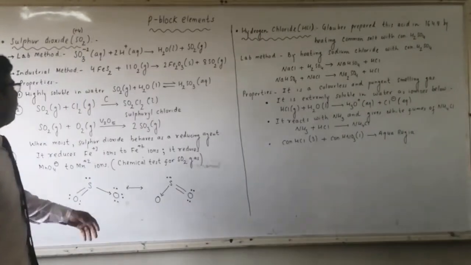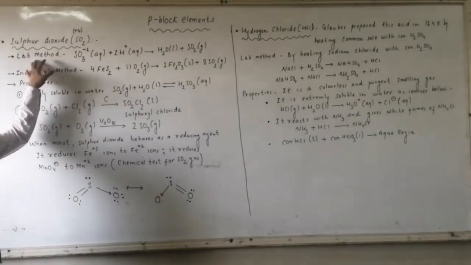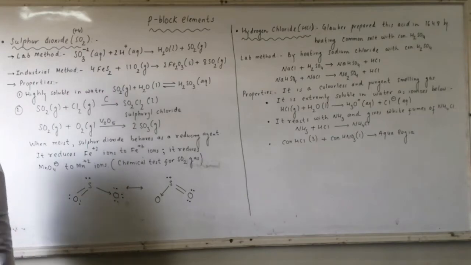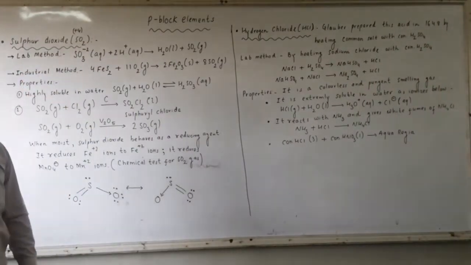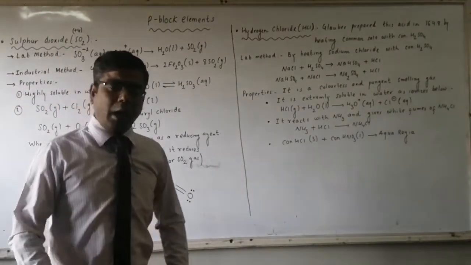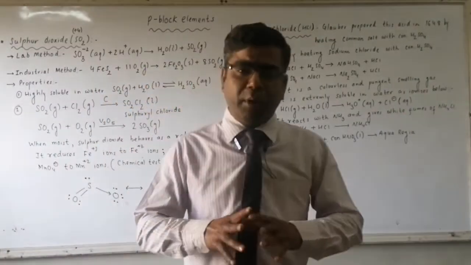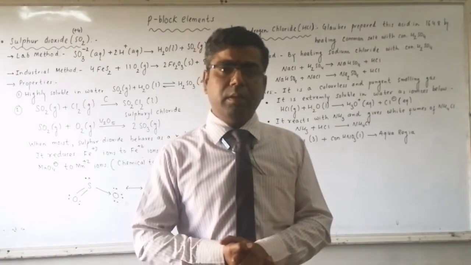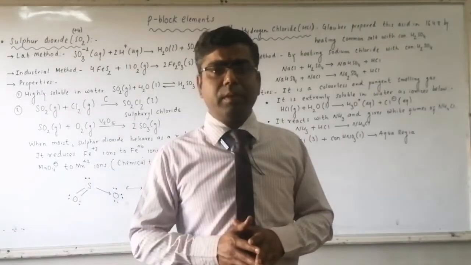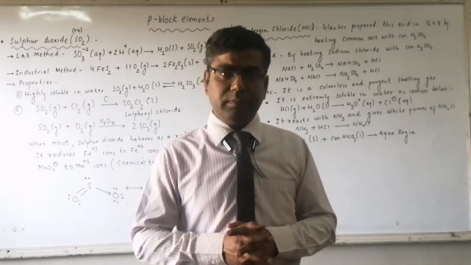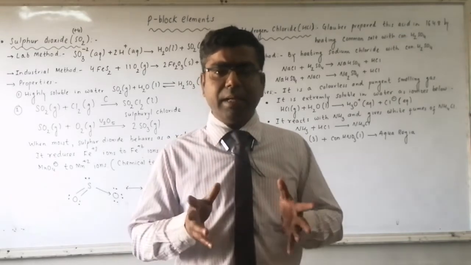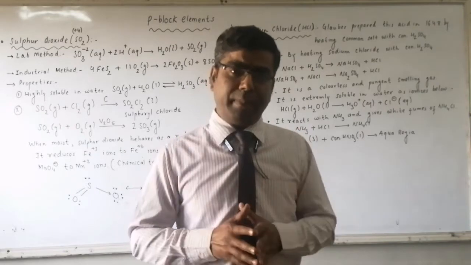So about the first point, is method of preparation, that is lab method. How it is prepared in laboratory. So it's very simple. Any sulfite salt, sulfite ion, SO3 -2 ion.